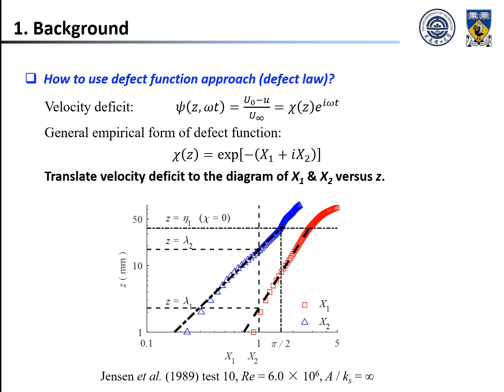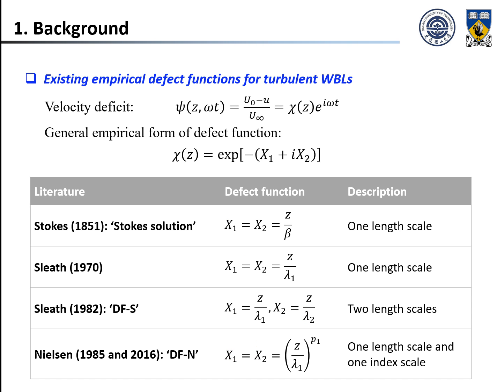Then we can plot x1 and x2 against z in a log scale like this. Starting from x1 and x2, all the existing forms of defect functions are trying to establish correlations between x1, x2, and z. Here we list a few typical forms.